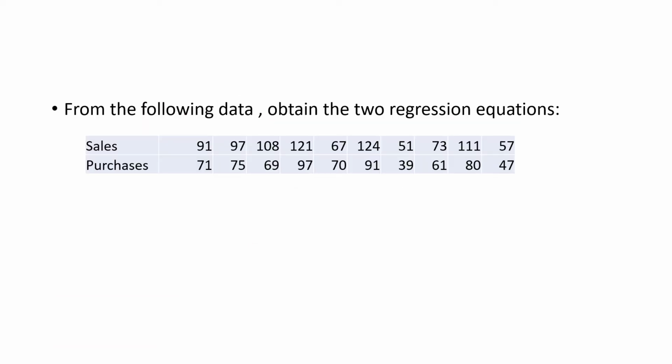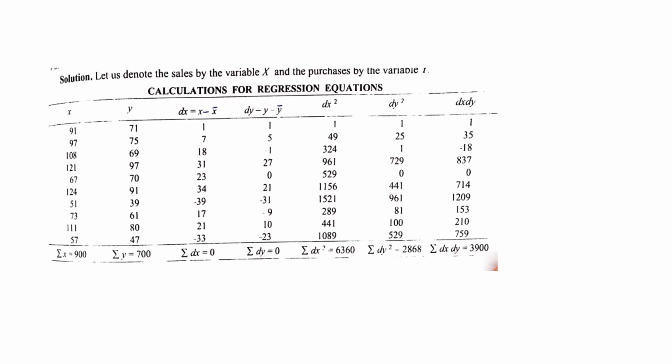Here, a sample question is given. From the following data, we have to obtain two regression equations, that is, the regression equation of y on x and x on y. The solution for that particular problem is shown here. Please go through the solution. Here, to determine the values of byx and bxy, we are using the second equation.